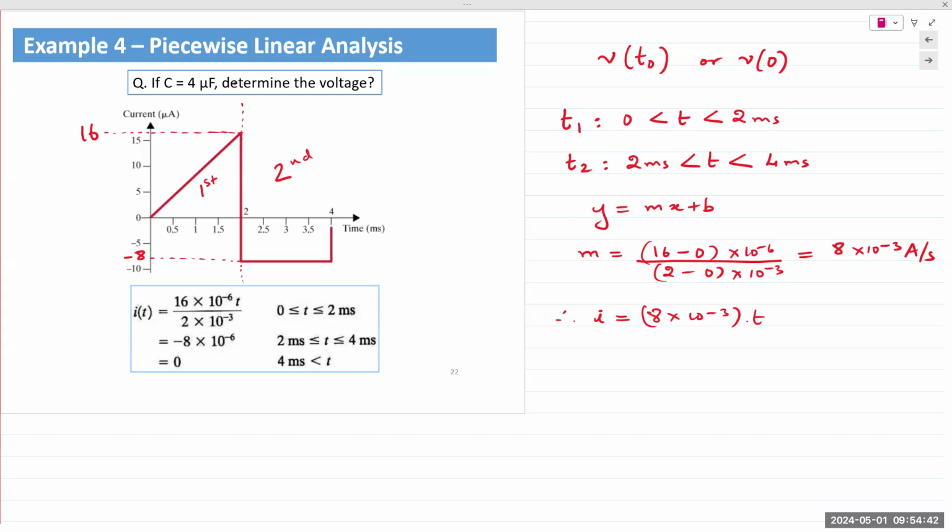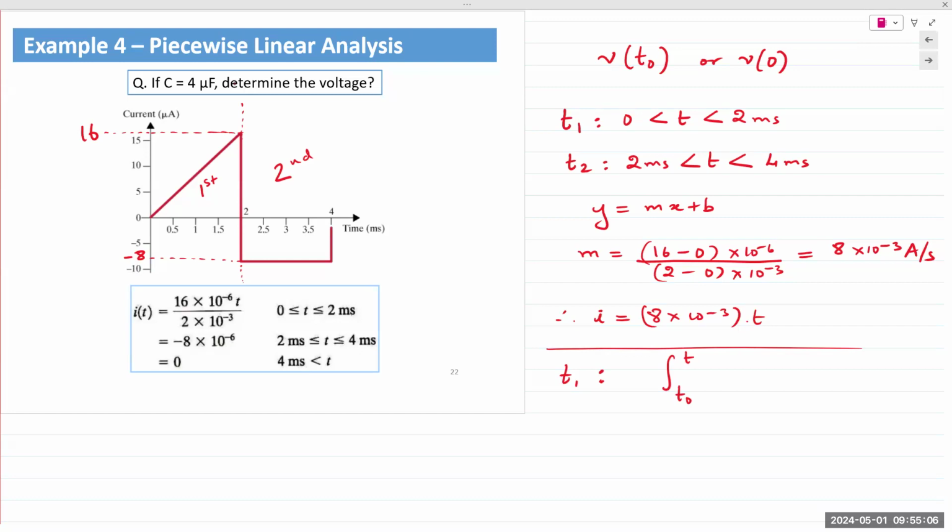For the first time period, I have to integrate from T0 to T. The end limit of the integration will always be T, because we want to derive the expression as a function of time.